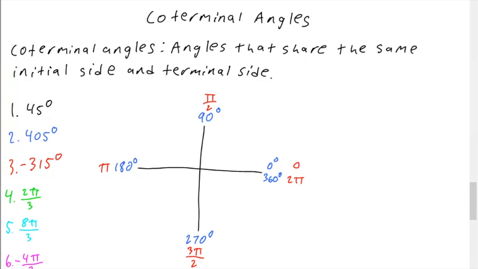Coterminal angles. Those are angles that share the same initial side and terminal side. So what I mean by that is initial side, we usually start at 0 degrees. So we've got a coordinate plane here, but we're just going to be using it for degrees. So the terminal side is where it ends.